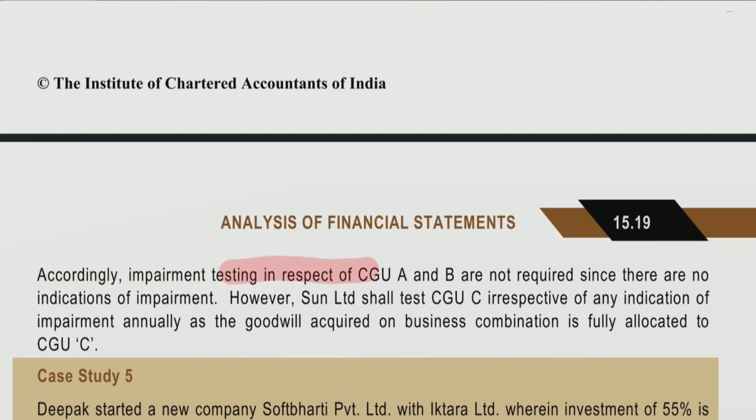Accordingly, impairment testing in respect of CGU A and B are not required since there are no indications of impairment. However, Sun Limited shall test CGU C irrespective of any indication of impairment annually, as the goodwill acquired on business combination is fully allocated to CGU C.